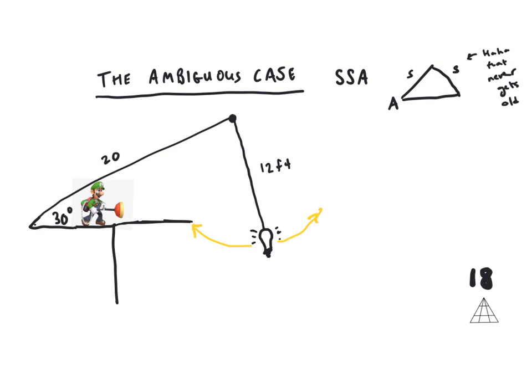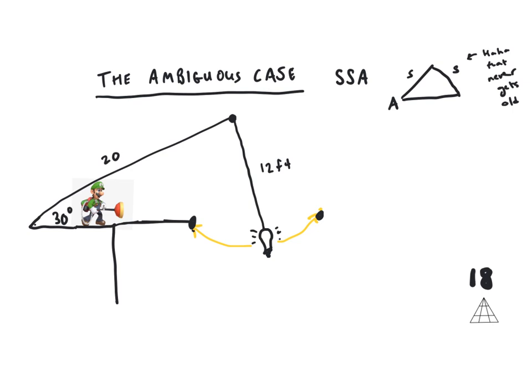When is it going to be exactly even so you can fire that plunger and attach it, and I don't know what else. So you can see that there's actually going to be two different spots, one to the left and maybe one to the right, where you're going to be able to complete this triangle.